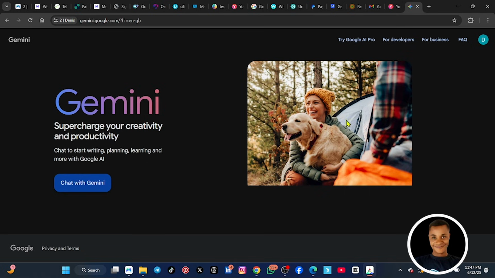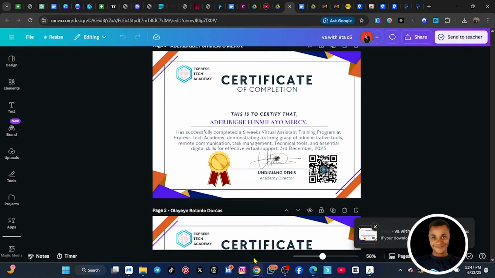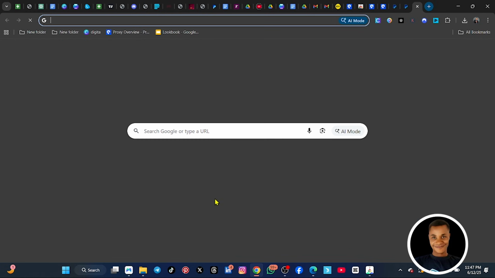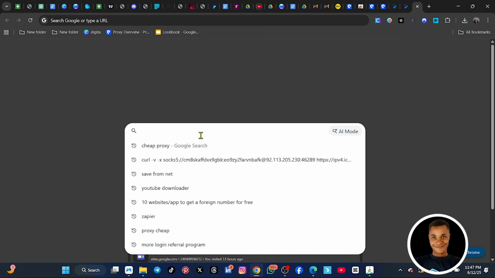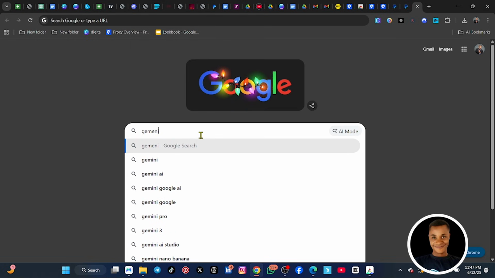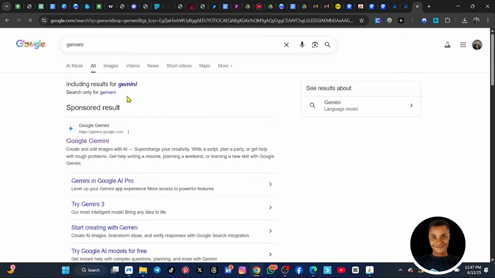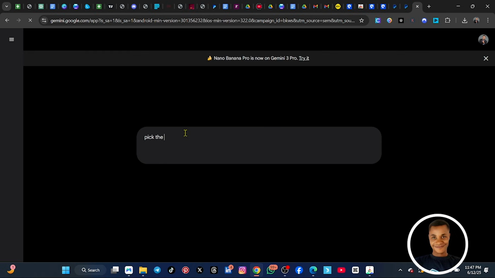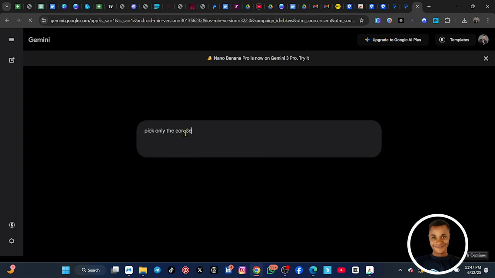Oh my God, this is a new browser. That's why. So let me go to another browser like this, and then pick Gemini. Sorry, the reason is in the other browser they're asking me to register on another Gemini. Meanwhile, I have registered on my main Chrome. You can see that the other Chrome is completely asking to pick only the correct answer for me.